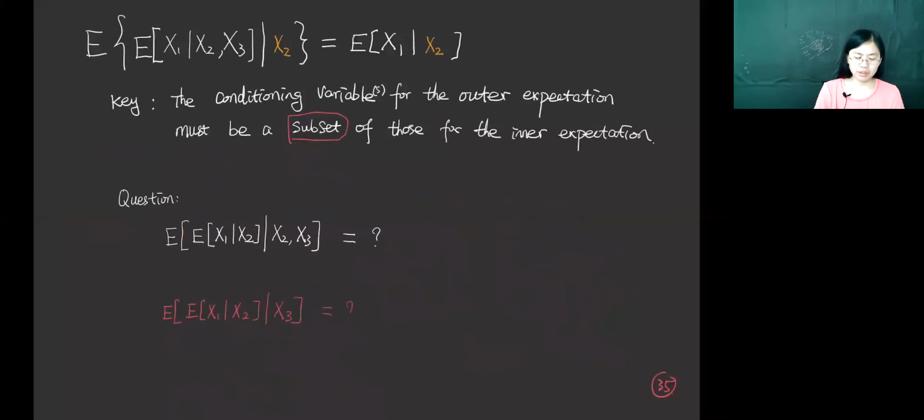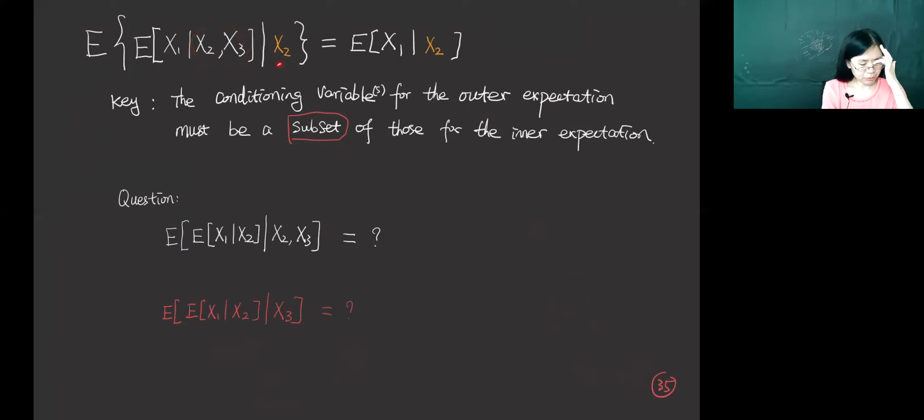So I want to reiterate that there should be an inclusion relationship between the conditioning variable for the inner conditional expectation and the conditioning variable for the outer conditional expectation. The conditioning variable for the outer expectation, that's x2, should be a subset of the conditioning variable for the inner expectation.